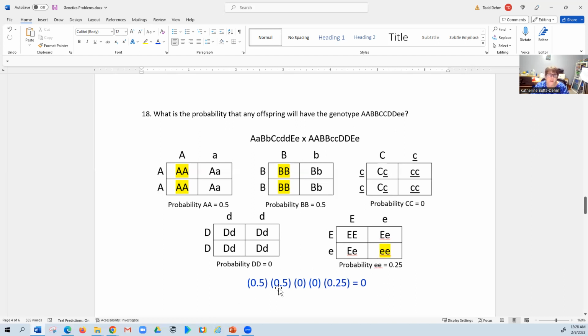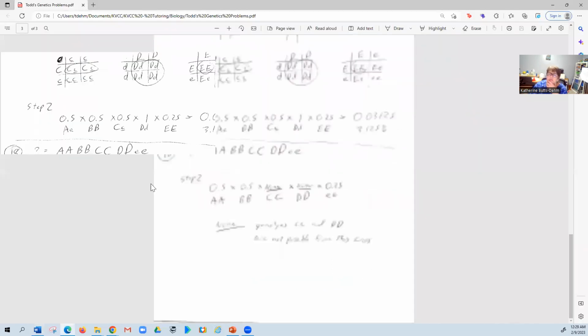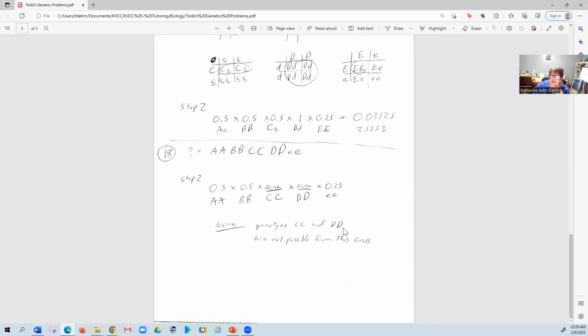Multiply it together and you get 0. And Todd has the same thing, and he has the same comment: none, genotypes big C and big D are not possible.